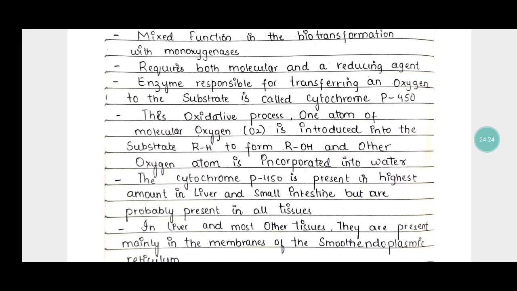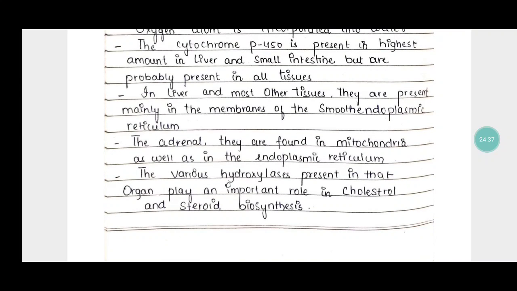So cytochrome P450 is present in the highest amount in the liver and small intestine, but is probably present in all tissues. In the liver, like most tissues, it is present mainly in the membrane of the smooth endoplasmic reticulum, or cytosol.